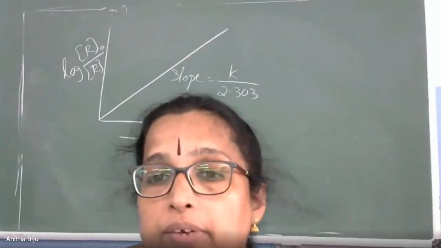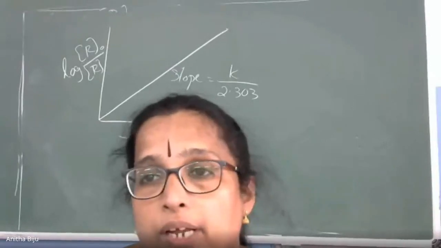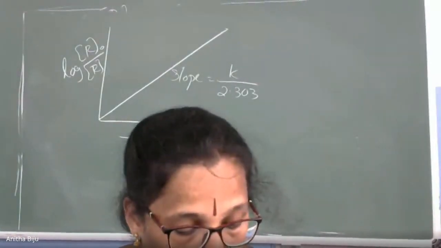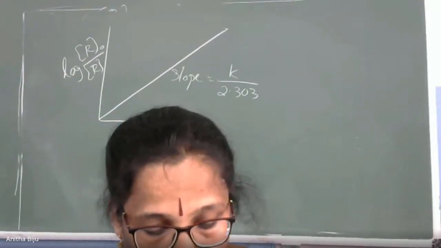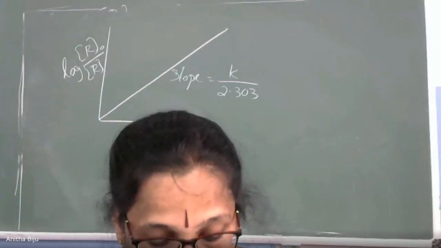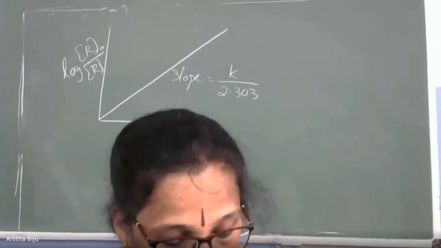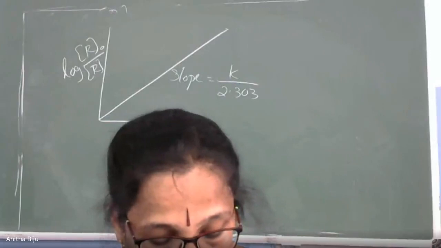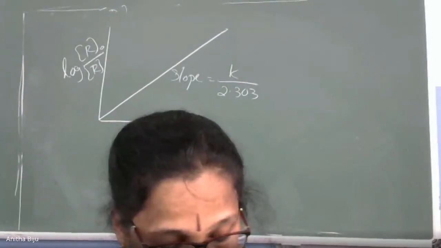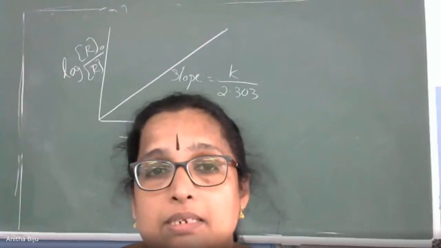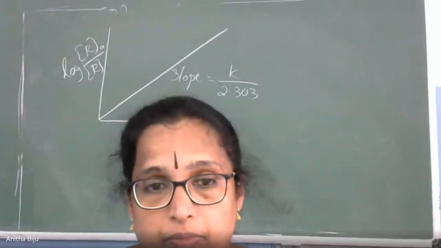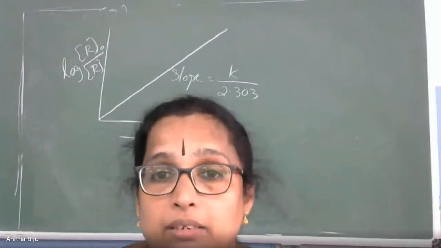So can you solve it yourself? I will guide you. Repeat the question. The rate constant for a first order reaction is 60 second raised to minus 1. How much time will it take to reduce the initial concentration of the reactant to its 1/16th value? Write the data analysis.